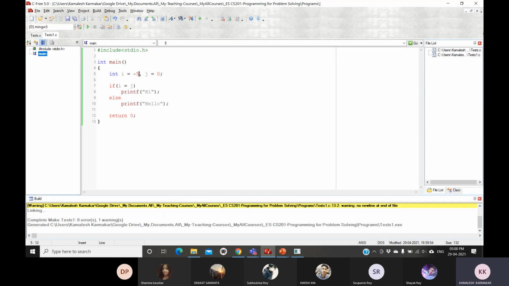Now I am giving you a different example. I am considering i equals 5 and j equals 10.